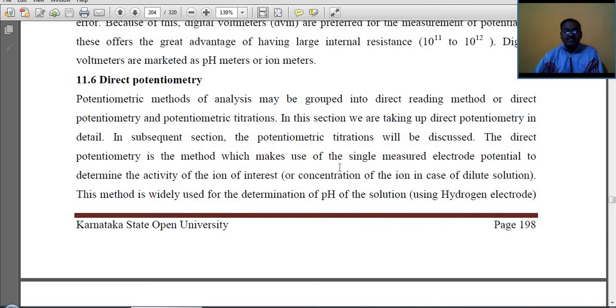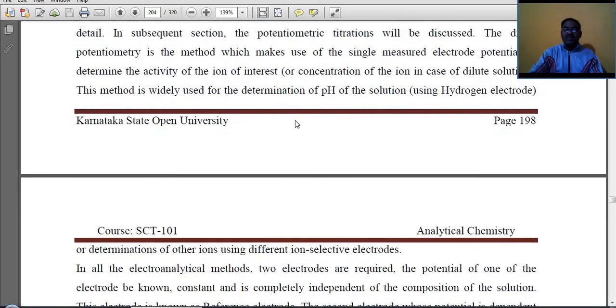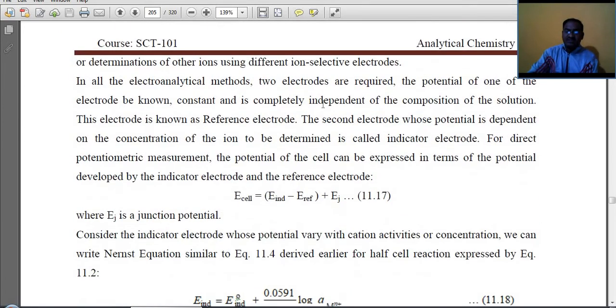In the subsequent section, potentiometric titrations will be discussed. Direct potentiometry is the method which makes use of a single measured electrode potential to determine the activity of the ions of interest. This method is widely used for determination of the pH of a solution.